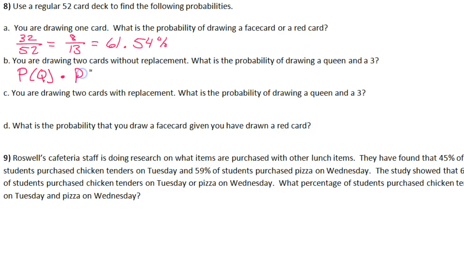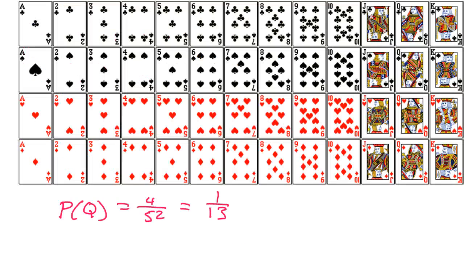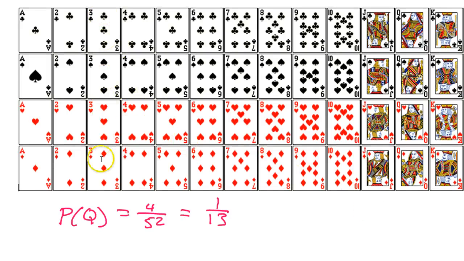Okay, and then we want the probability of drawing a 3. Okay, so probability of drawing a queen was 1/13, and now we're going to multiply that by the probability of drawing a 3. Now the probability of drawing a 3 at this point, remember that we drew a queen and we did not put it back. So there are 4 3s.